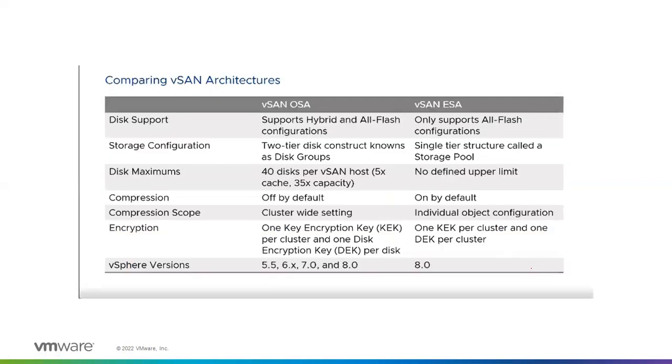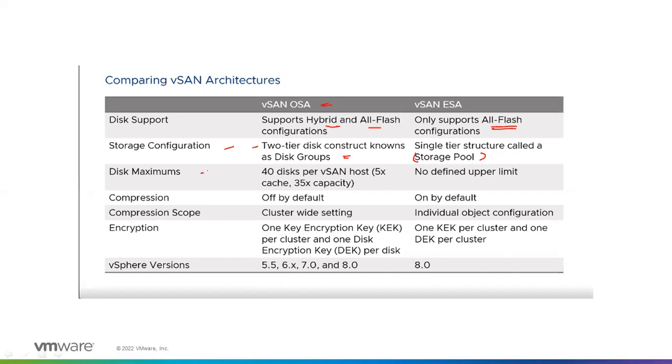Here are some differentiators shown in this slide. The old storage architecture supported hybrid and all flash, but now it's purely all flash, no hybrid model. For storage configuration, the old one had a two-tier disk construct known as disk groups, while the new one is a single tier structure called an entire storage pool.